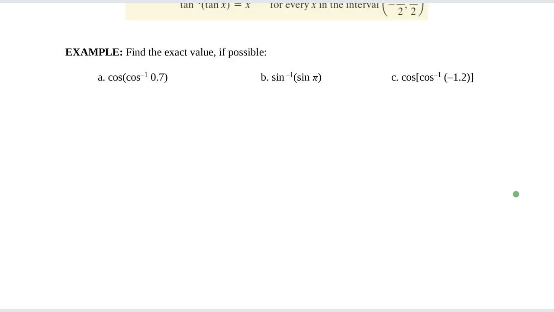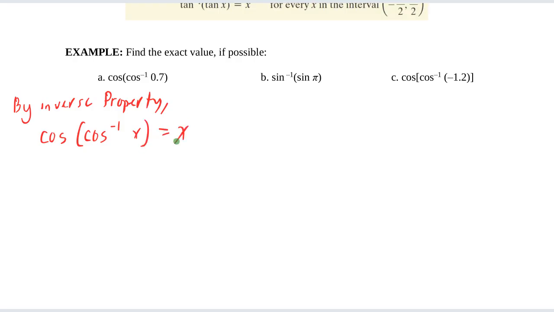Let's take a look at the cosine of inverse cosine of 0.7. We can say by the inverse property of cosine, cosine of inverse cosine of x equals x for x with a range from -1 to 1. What I just meant is that I'm writing it in a formal way.